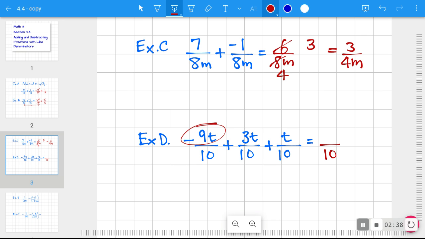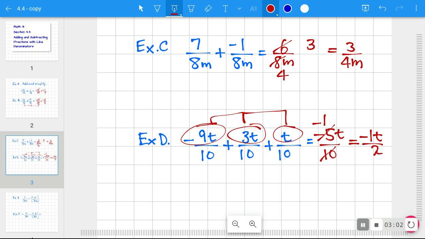Well, when you add these together here, they are like terms, so you can do that. The first pair gives negative 6t. And if you add one more to negative 6t, you get negative 5t. And dividing top and bottom by 5 gives you your final answer here. Negative 1t over 2. So divide by 5 and divide by 5.